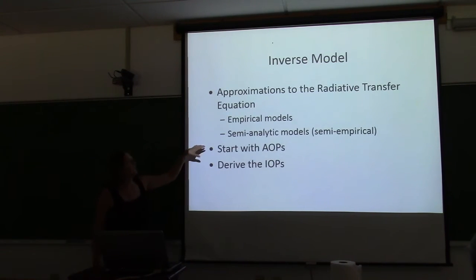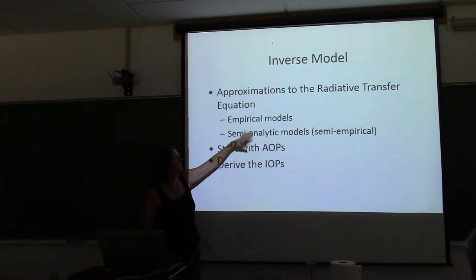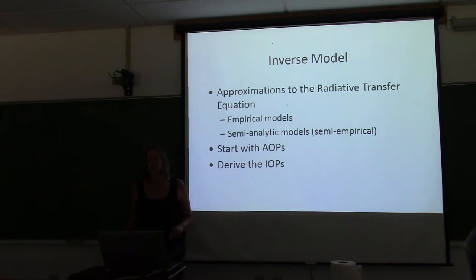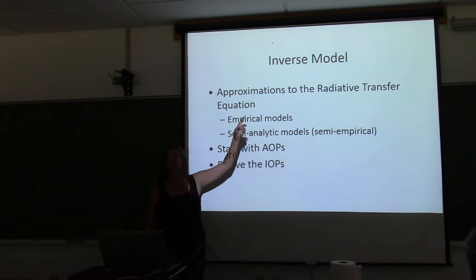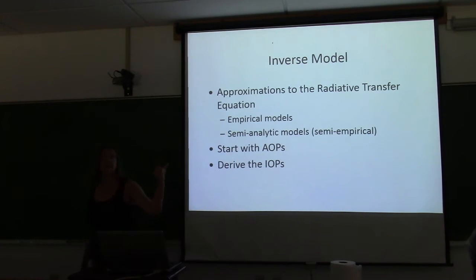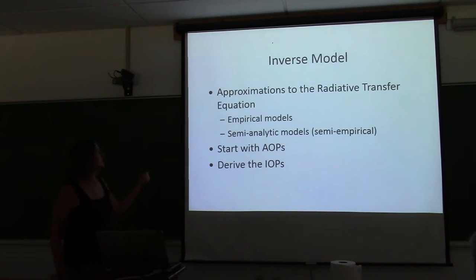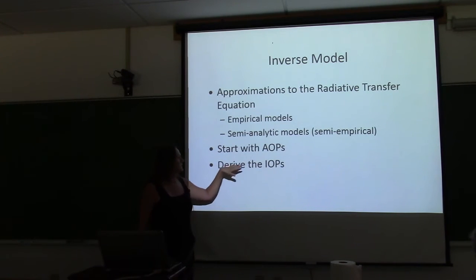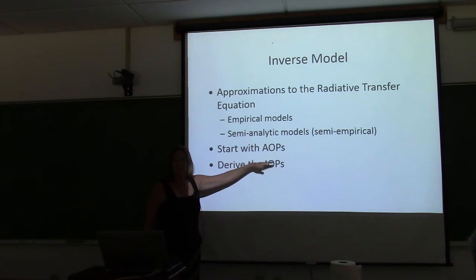And then the inverse model is where you make approximations to radiative transfer, and then you can begin to estimate inherent optical properties empirically or with these semi-analytic models. The approximations to the radiative transfer equation are things like the quasi-single scattering approximation, etc. So our goal is to start with an AOP and to derive the IOPs.